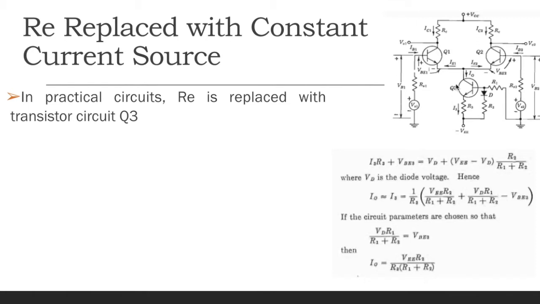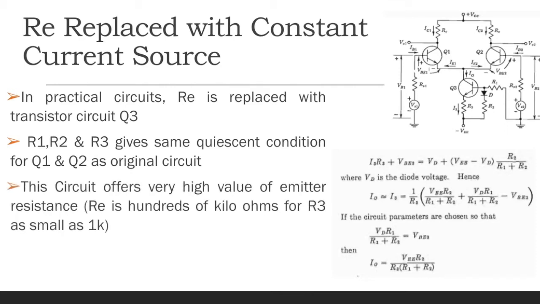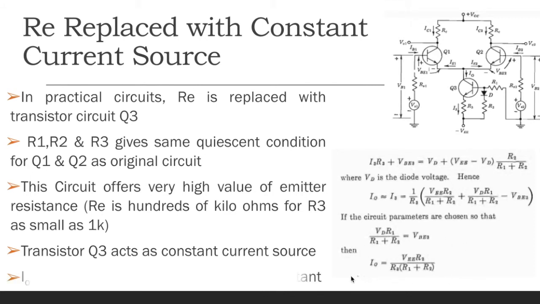is a transistor circuit Q3, and what it does is it results in a very high value of emitter resistance. You can see here in the diagram R1, R2 and R3, they are giving the same quiescent condition for Q1 and Q2 as was the original circuit, and the output current doesn't depend on Vs1 and Vs2, it only depends on VEE and the resistance values.